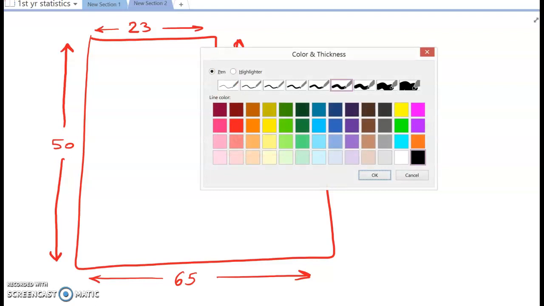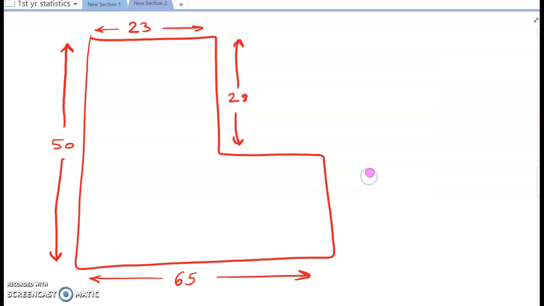We get a highlighter or a marker or a different color pen. I'm going to pick purple. And I'm going to highlight in purple all of the sides that go in this direction, up and down.